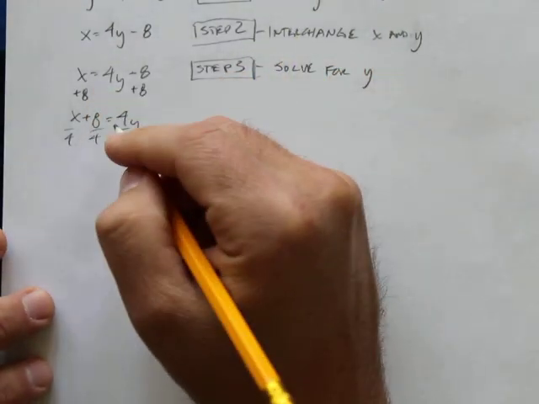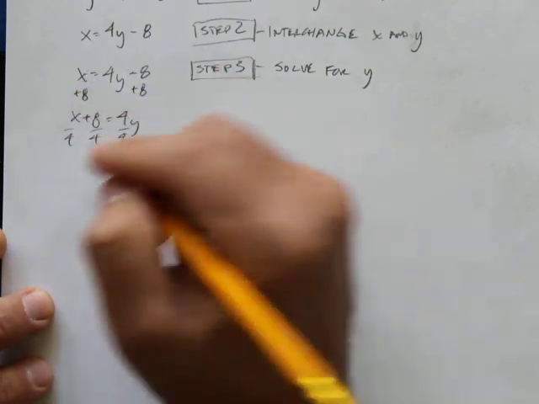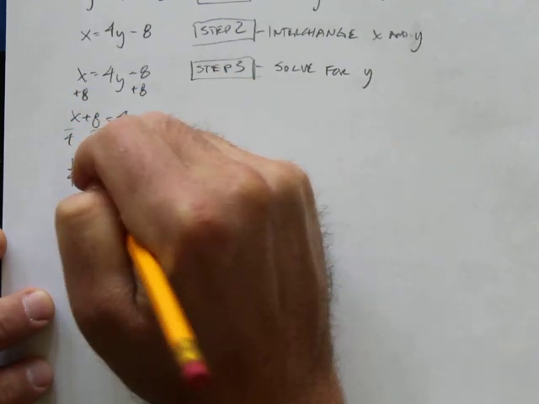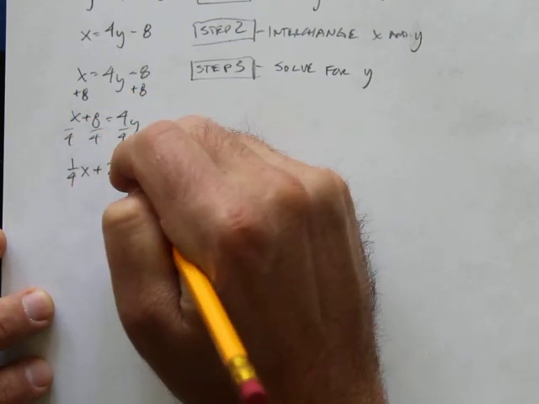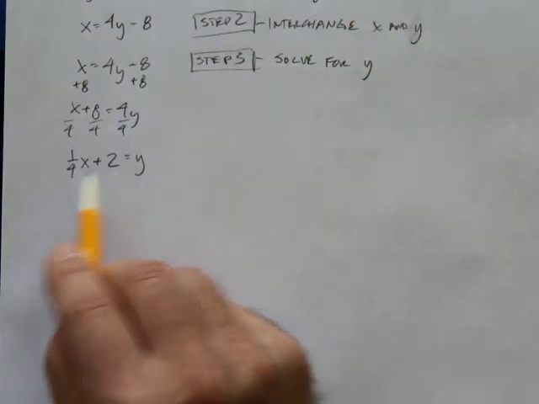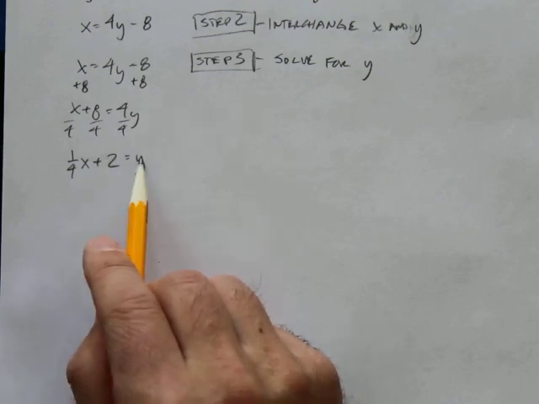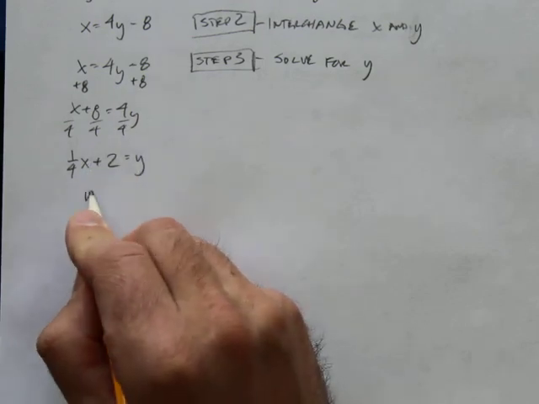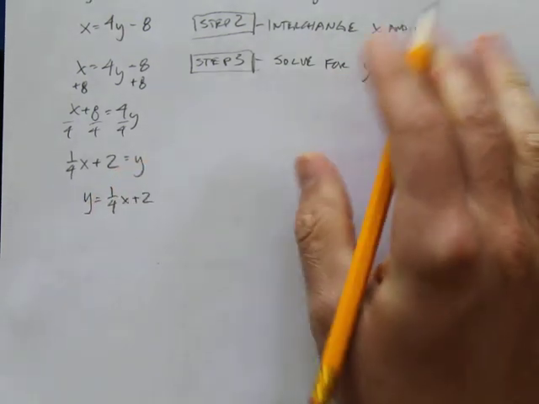And so I have x over 4, which is 1/4 x, plus 8 divided by 4 is 2, equals 4 divided by 4, which is 1, y. And now I can just switch this expression with this expression. So I say y equals 1/4 x plus 2.